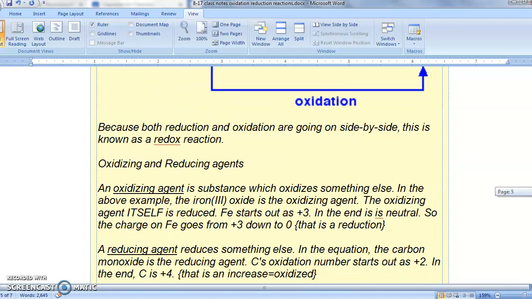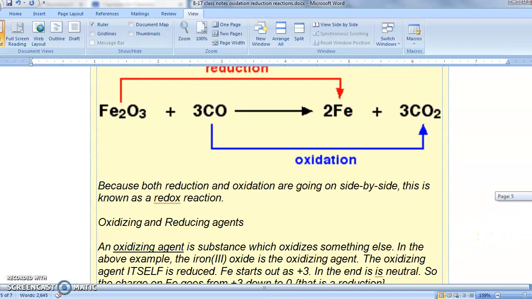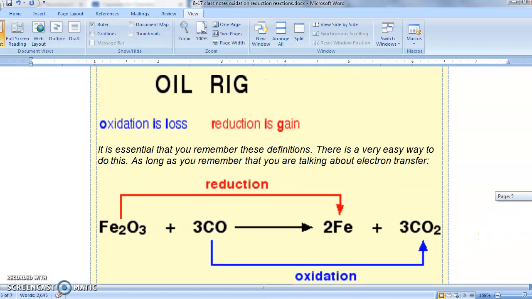So carbon went from +2 up to +4. Its oxidation number increased. It's said to be oxidized. Here, carbon only has 2 of its electrons being controlled by oxygen. Over here, it has 4 of its electrons being controlled by oxygen.